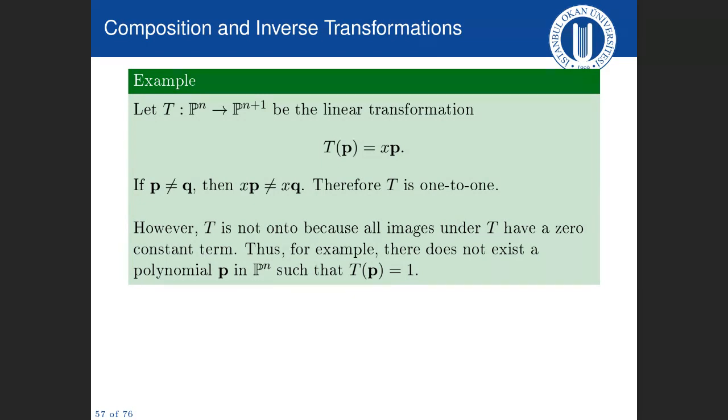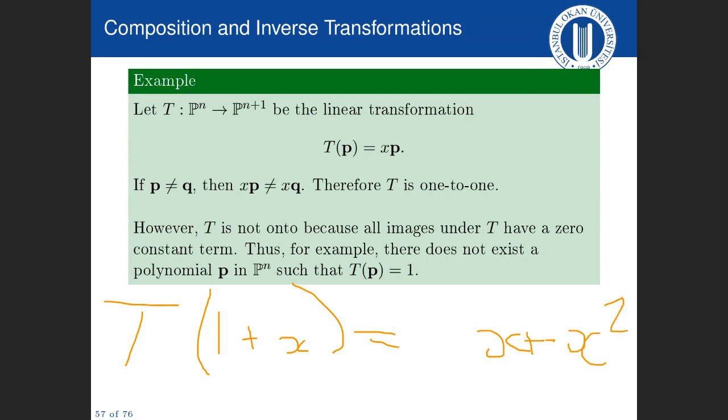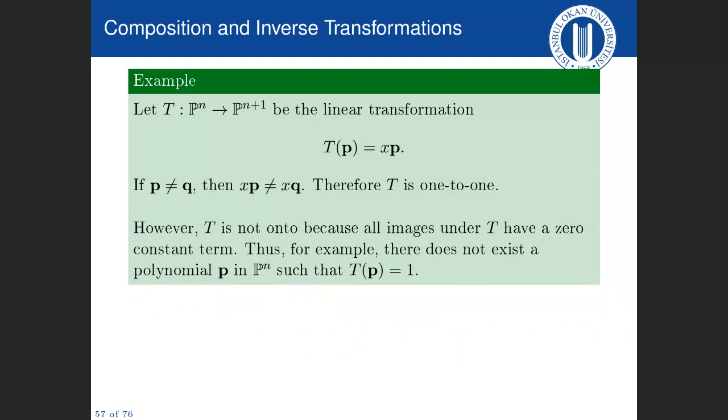In other words, for example, if we did T of 1 plus x, we're going to get x plus x squared. Actually, we're going to get 0 plus x plus x squared. Anytime we do this, we're always going to get a 0 constant term. So it's not possible to get polynomials which don't have a 0 constant term. In particular, it's not possible to find a polynomial p such that xp is equal to 1. So it's not onto.